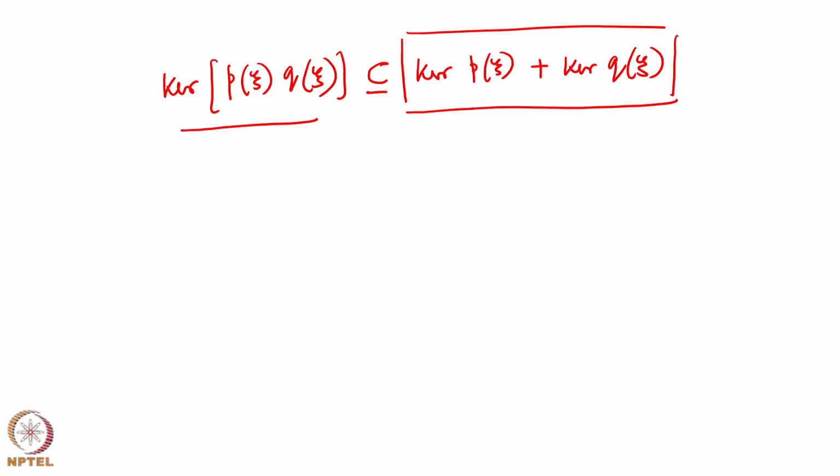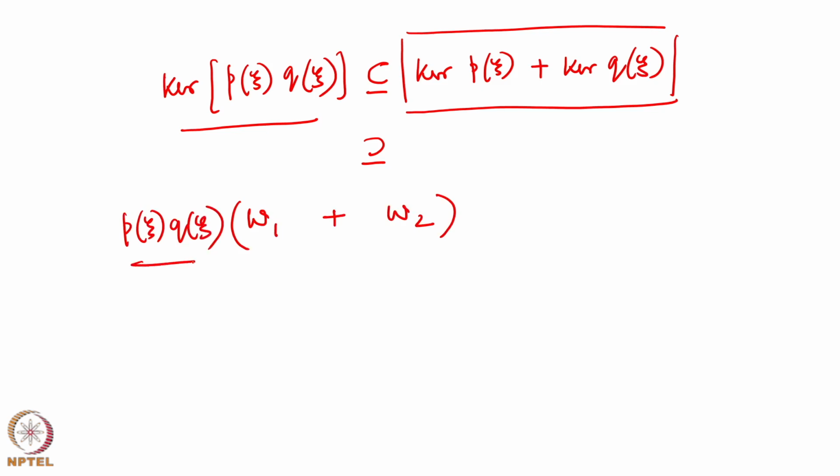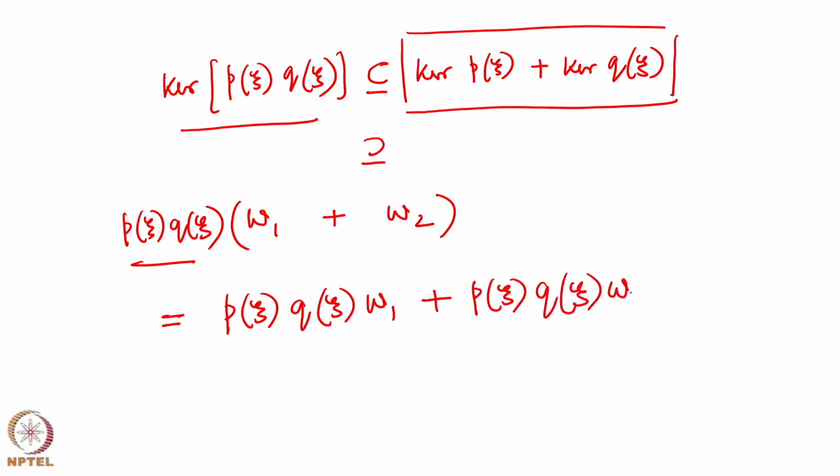Now, is this containment also true, right? In fact, it will turn out to be true. Suppose we have a W1 and a W2. It's easy to see that if P xi Q xi acts on W1 plus W2, that is equal to P xi Q xi W1 plus P xi Q xi W2.